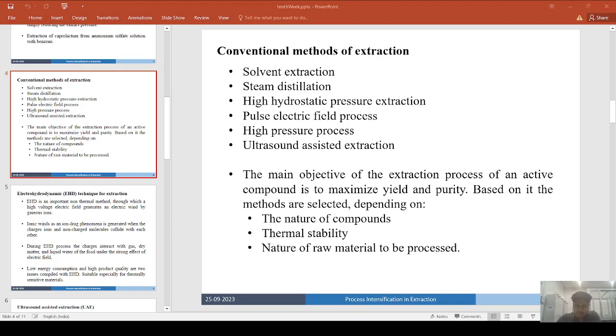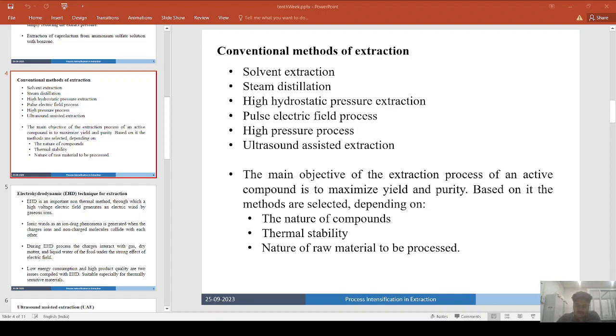Another reason for the intensification of extraction processes is the need for effective extraction techniques for the active components from plants without any loss of activity and with high purity.